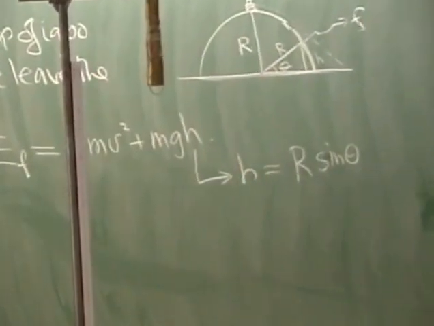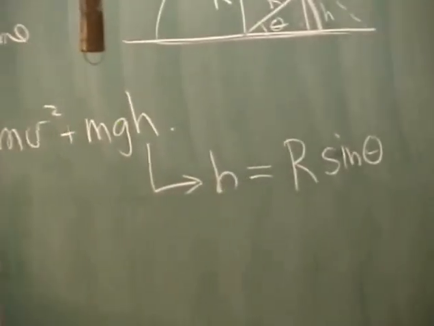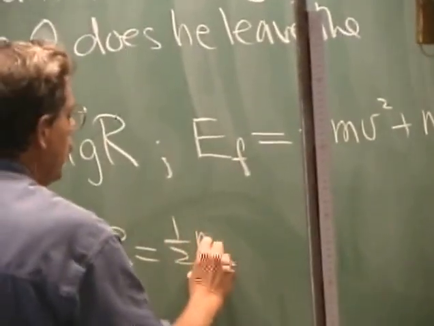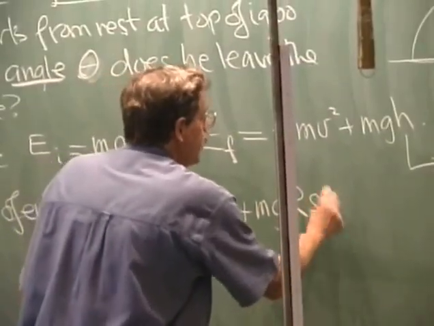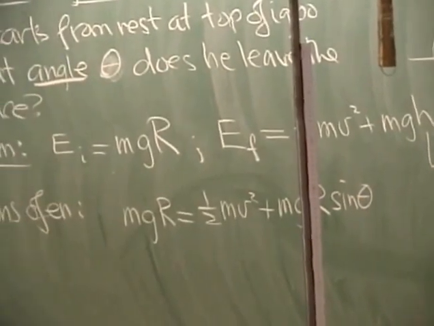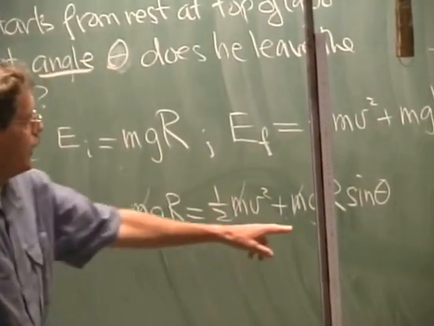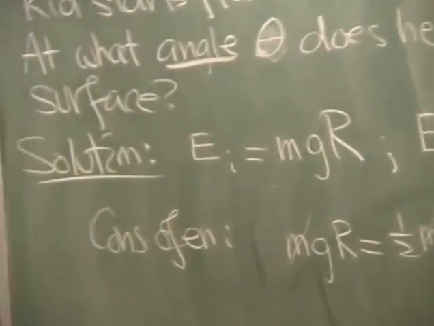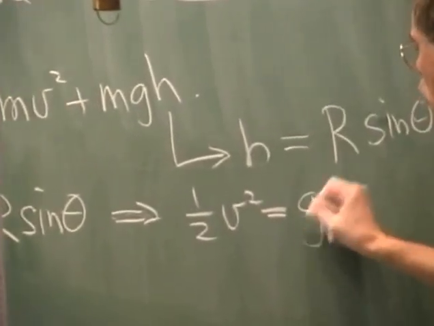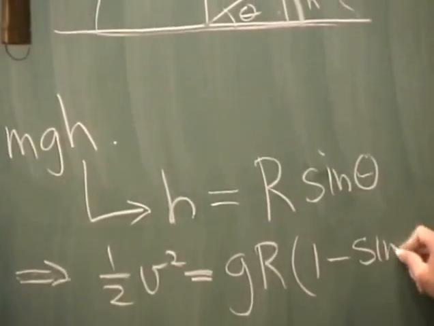Energy. M cancels all the way through. Why don't I pull this gr over to the other side and write this equation just as well as 1/2 v squared is equal to gr times 1 minus sine theta.